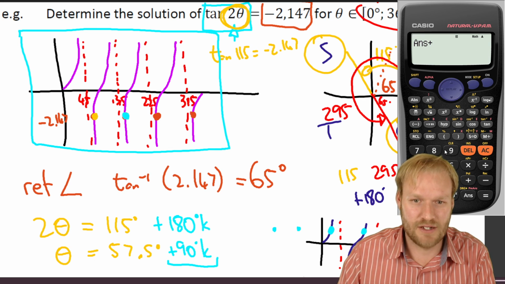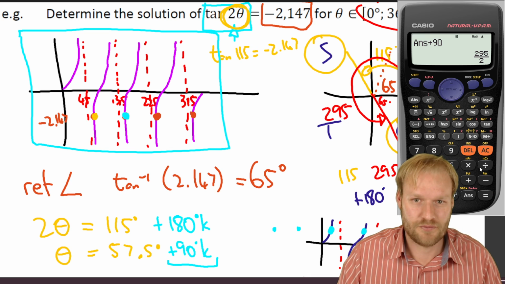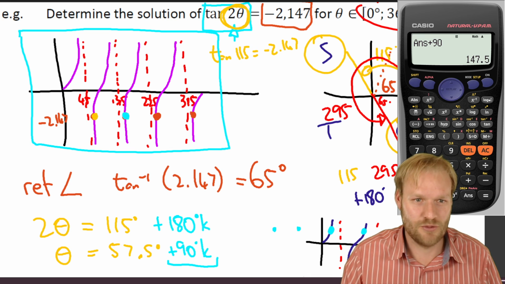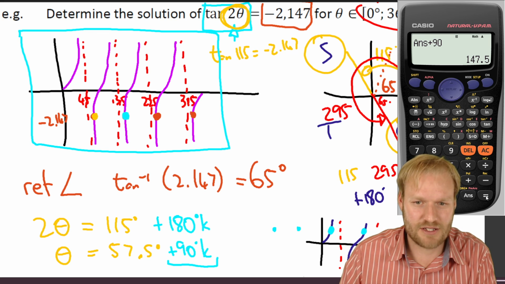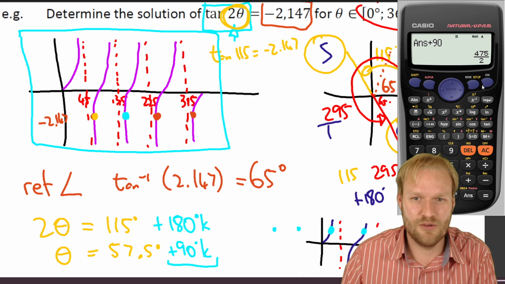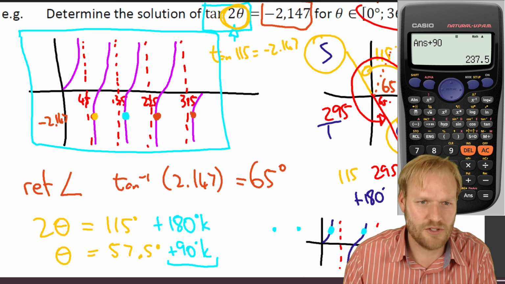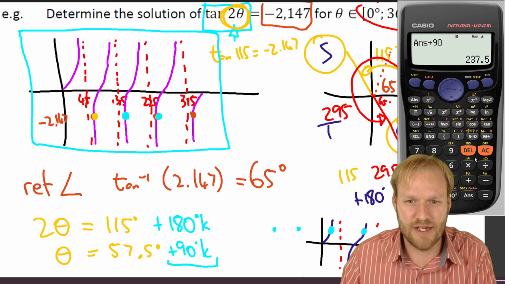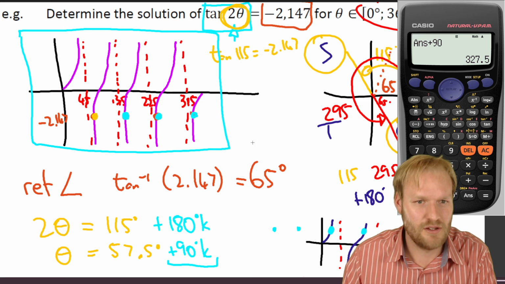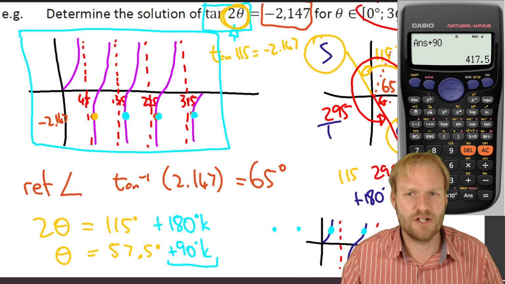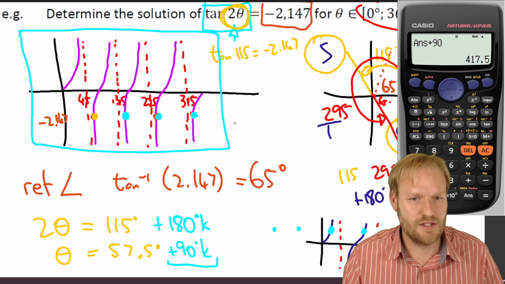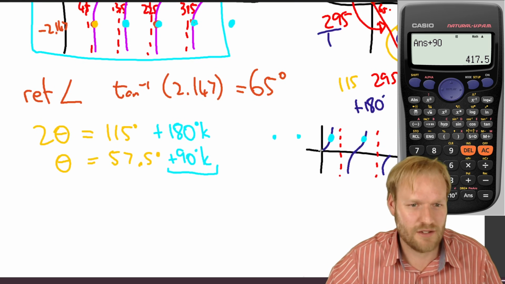And if we added 90 degrees, there's our next solution, 147.5. That matches a bit better. And then our next solution after that, add another 90 degrees, 237.5. Add another 90 degrees, 327.5. Add another 90 degrees, 417.5. Now, clearly we're outside of this. That must have been over there somewhere. So there are all our solutions.